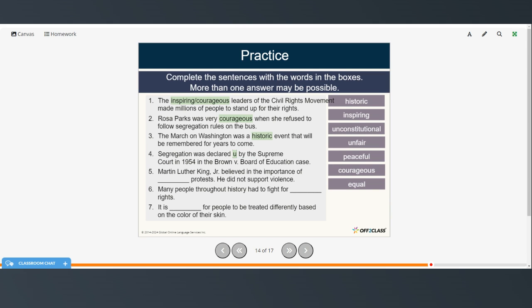Segregation was declared unconstitutional by the Supreme Court in 1954 in the Brown versus Board of Education case. Martin Luther King Jr. believed in the importance of peaceful protest. He did not support violence. Many people throughout history had to fight for equal rights, and it is unfair for people to be treated differently based on the color of their skin.